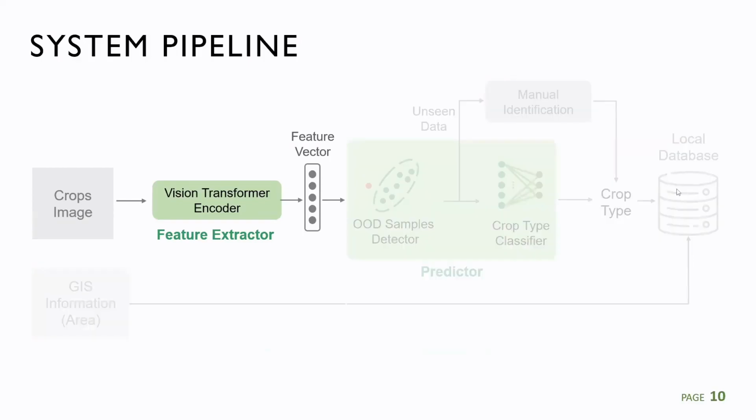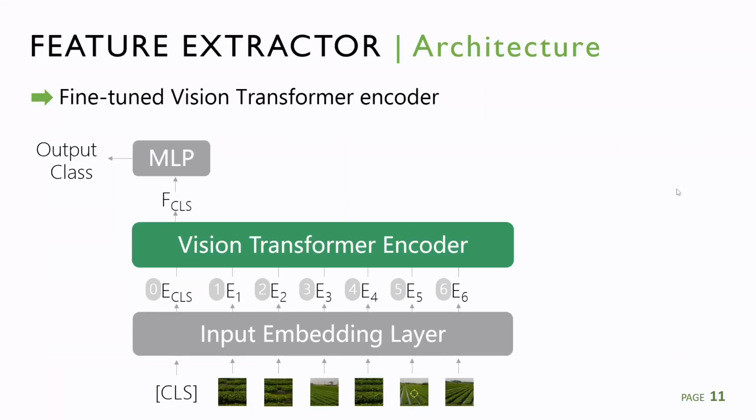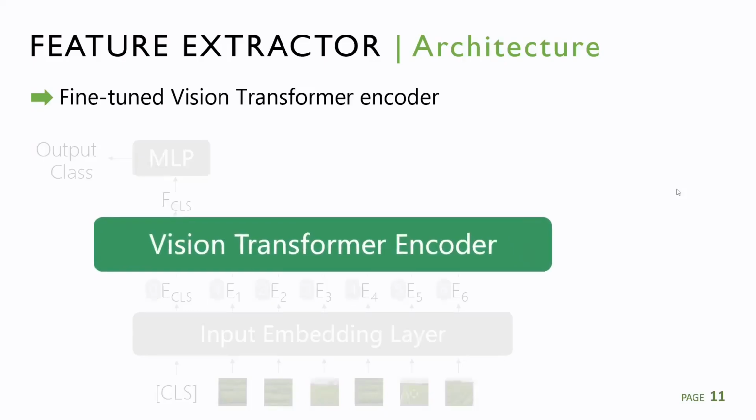Let me talk about the first part first, the vision transformer encoder, the feature extractor. We use a vision transformer as the encoder to encode the image. The input is an image and the output is a vector in high dimension space. And why do we use a vision transformer encoder?